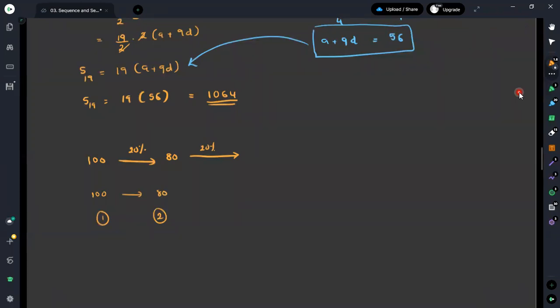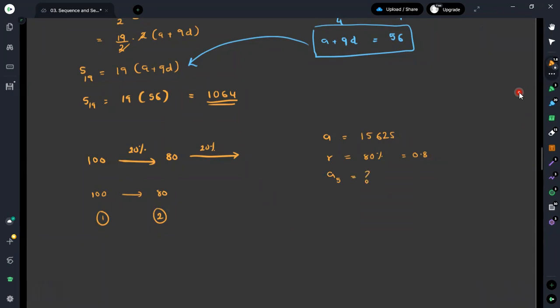Now what we can see here is that initially the machine values $15,625, and the value of R, the ratio, is 80%. 80% in the sense we can take it as 0.8. And we need to find the value at the end of 5 years time period. We need to find the value of A5.